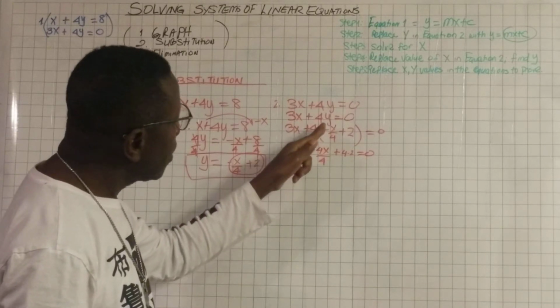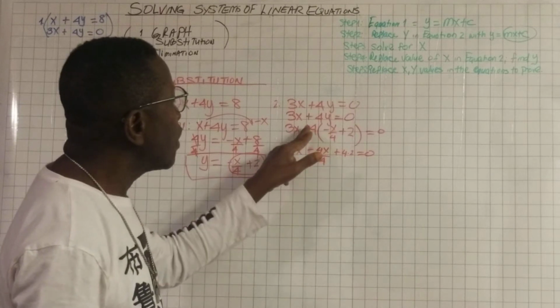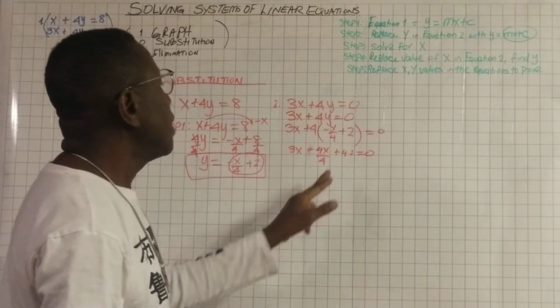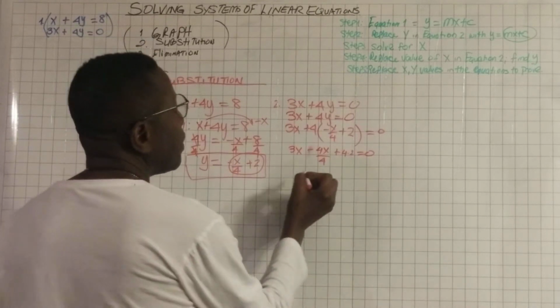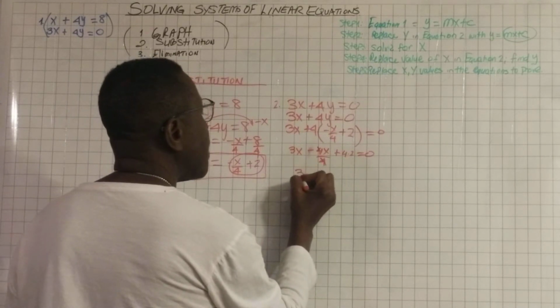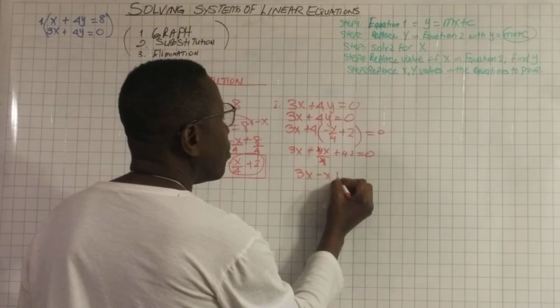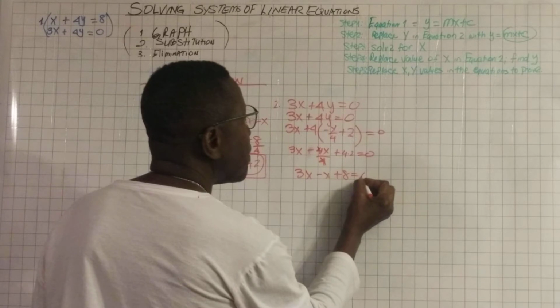Plus 4 times 2 is 8. If we do that, the 4s cancel out. We're going to have 3x minus x plus 8 is equal to 0.